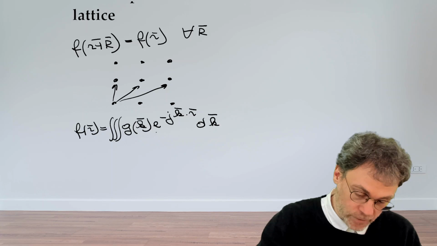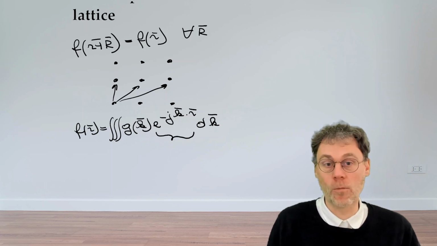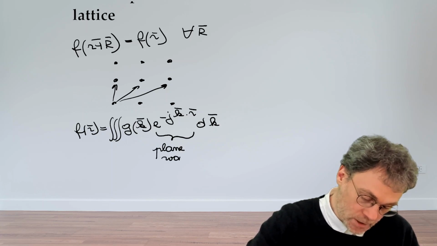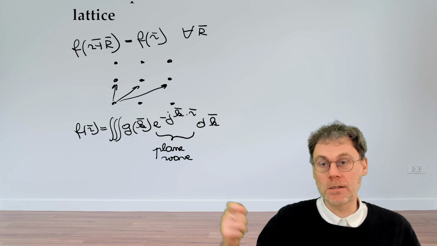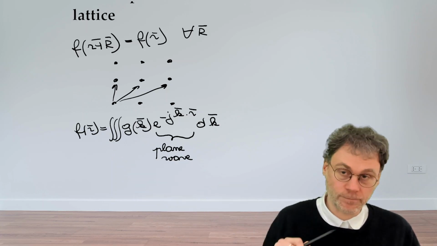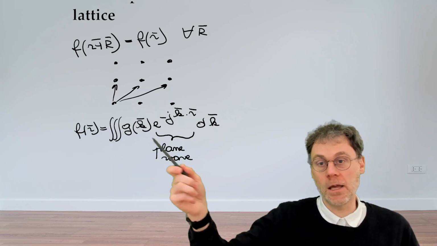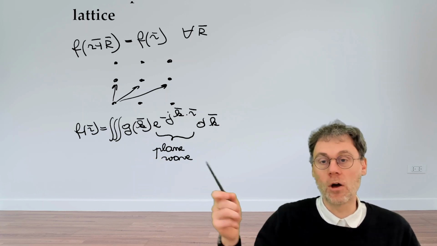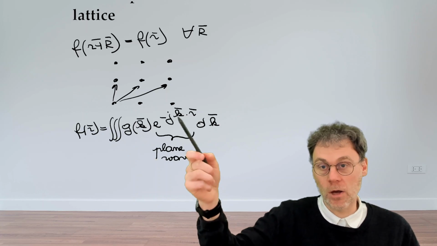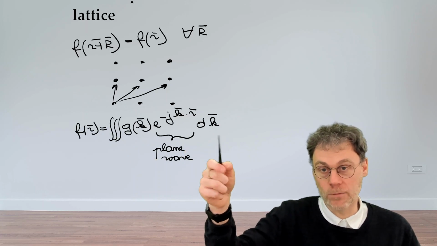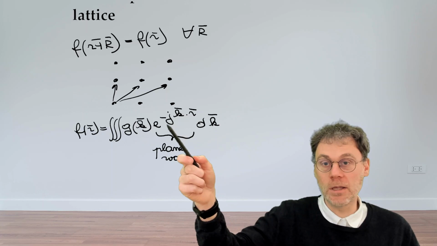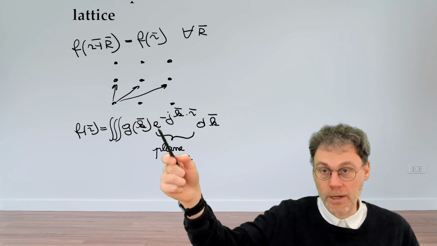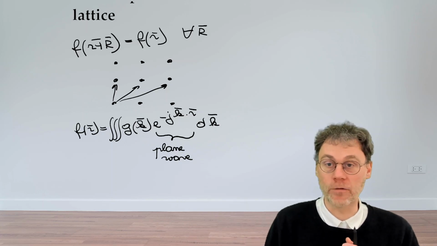Well, we can, because this complex exponential, as you know, is a plane wave. So what we're saying is that any function f of r can be written as, well, let's not call it a sum because it's an integral here, a continuous collection of different plane waves with certain k vectors over which we integrate, and each of these plane waves has a certain amplitude, given by this Fourier transform g of k.